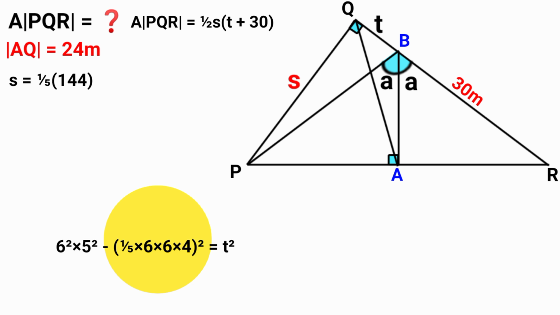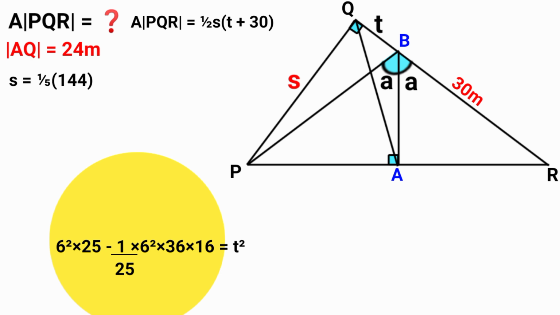(1 over 5 times 6 times 6 times 4) all squared is 1 over 5 times 1 over 5 times 6 squared times 6 squared times 4 squared. 1 over 5 times 1 over 5 is 1 over 25. This 6 squared is 36 and 4 squared is 16. This 5 squared is 25. From 6 squared times 25 minus 1 over 25 times 6 squared times 36 times 16, we can factor out 6 squared.